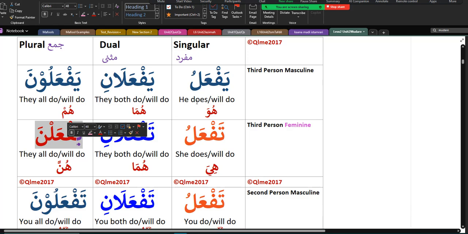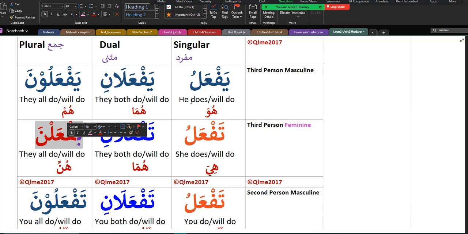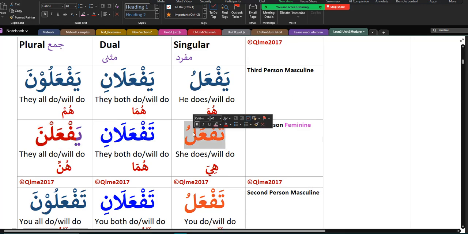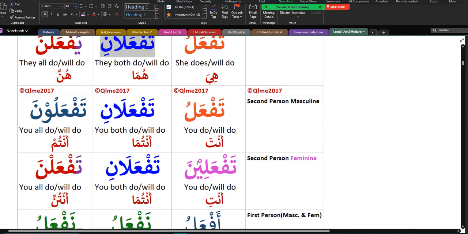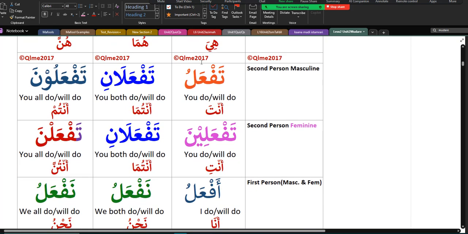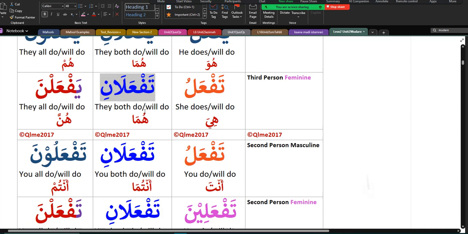And ta is placed for feminine third person singular and dual, and masculine and feminine second person singular, dual, and plural. And this has occurred 8 times, like taf'alu, taf'alani, third person feminine. Then second person masculine and feminine, taf'alu, taf'alani, taf'aluna, taf'alina, taf'alani, taf'alna. Right? So this is 6 plus 2, 8 times.